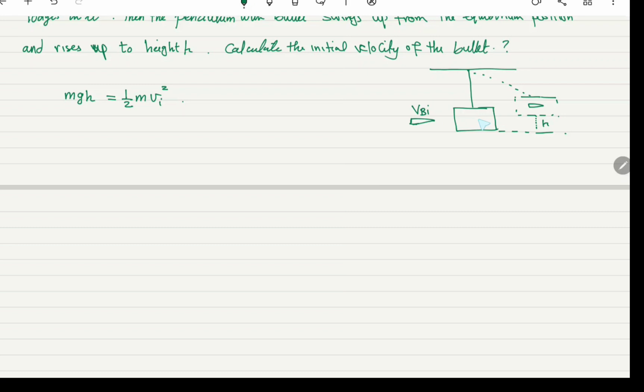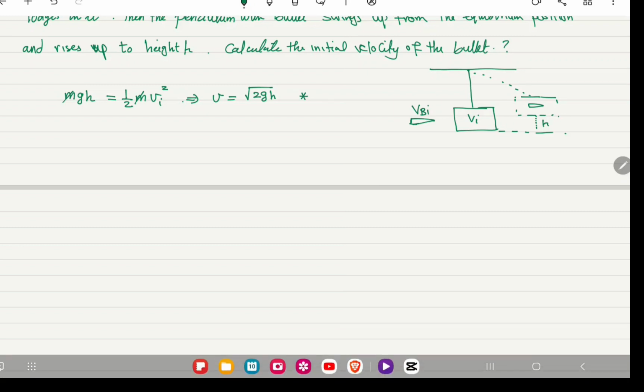So the v initial here is the velocity of the wood and the bullet inside it. So in this case, mass with mass, and v equals the square root of 2gh. Let's just keep this one here.